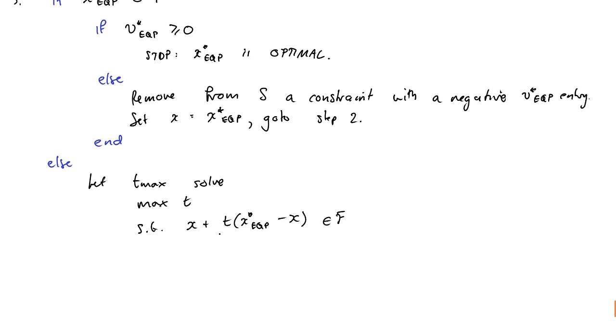So what we're trying to do, just note here, if t is 0, then this expression just gives us x. If t is 1, it gives us x star EQP. So this here gives us the line segment between x and x star EQP. And we're trying to go as far as we can while remaining feasible.